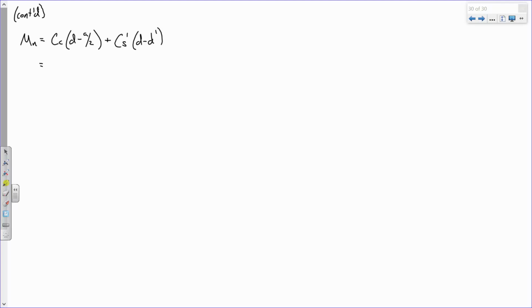So Cc was 255 kips, times 24 inches minus 7.143 over 2, plus 120 kips times 24 minus 2.5.